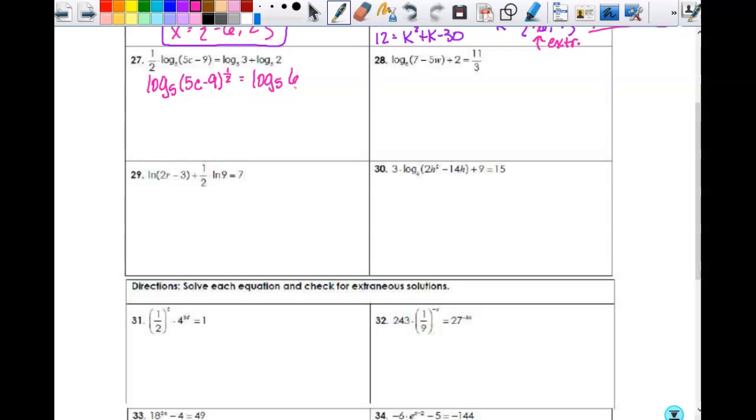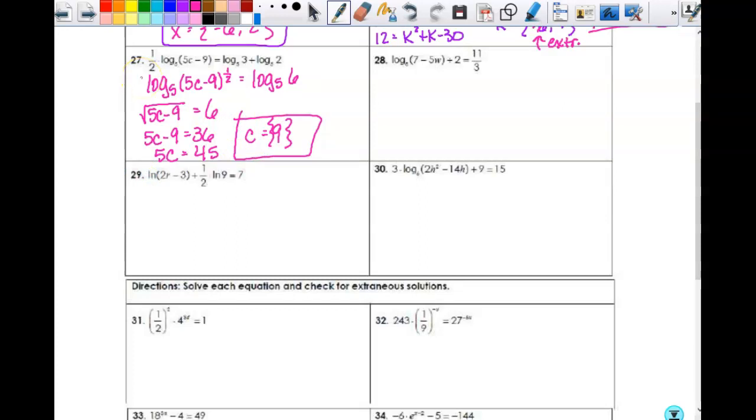And then now I can use the 1-to-1 property, and this 1/2 can just become a square root. So the square root of 5c minus 9 equals 6. So I can square both sides, and 5c minus 9 equals 36. So 5c equals 45, and c equals 9. All right, so when I substitute 9 in there, 9 times 5 minus 9, that will totally work, so that is my answer.